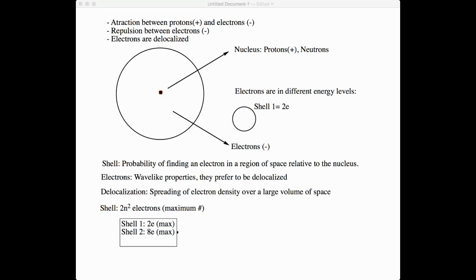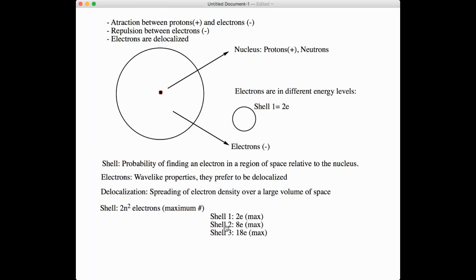And then what about shell number three, the third shell? 18 electrons maximum. That's beautiful. So that's also important to keep in mind: the maximum number of electrons that we can hold in one shell.